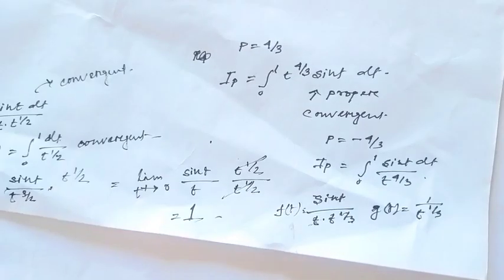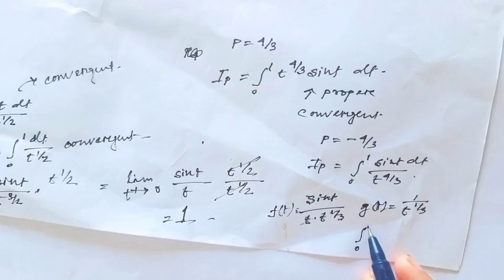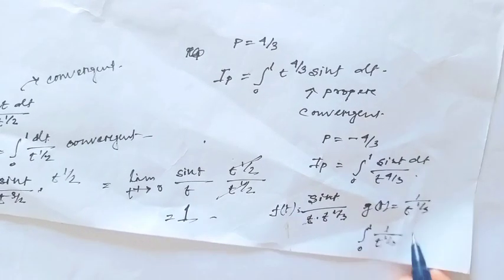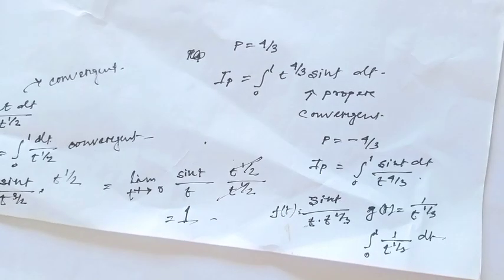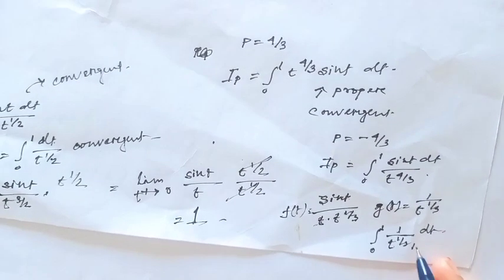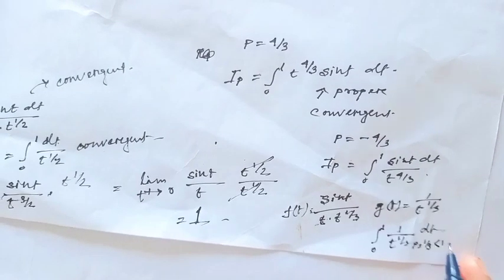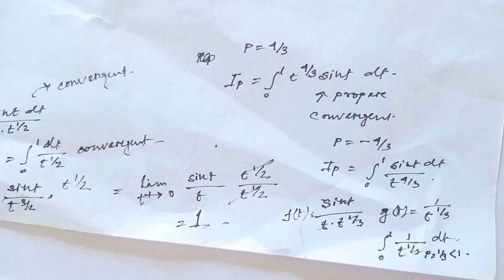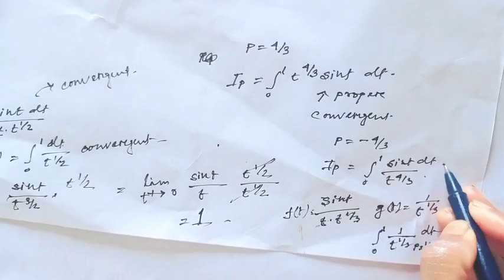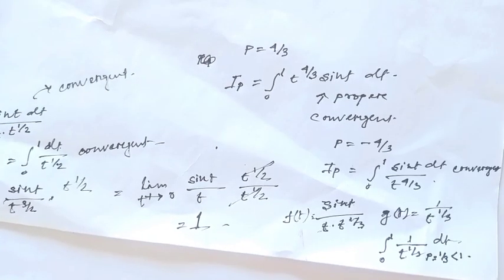Since the integral from 0 to 1 of 1 over t to the power 1/3 dt is always convergent, because here p equals 1/3 which is less than 1, this integral is always convergent.